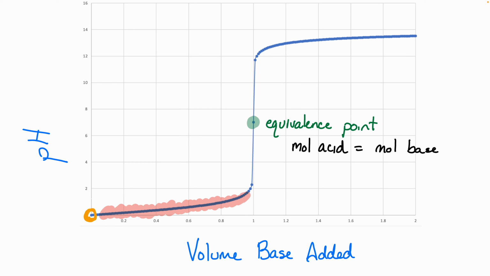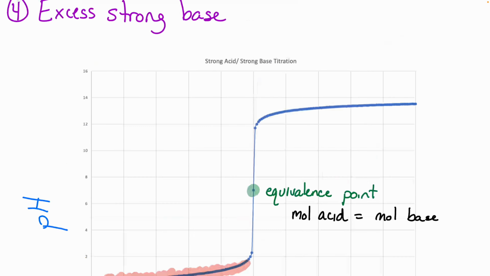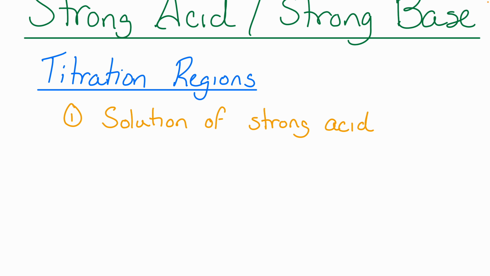If we're before the equivalence point, that point when the moles of acid equal moles of base, what do we have more of in the flask, acid or base? Acid, right? First of all, that checks out because I'm at this nice low pH, but also I haven't reached my equivalence point yet, so I have less base than acid in our flask. So this second region of our titration curve is when we have an excess of strong acid.